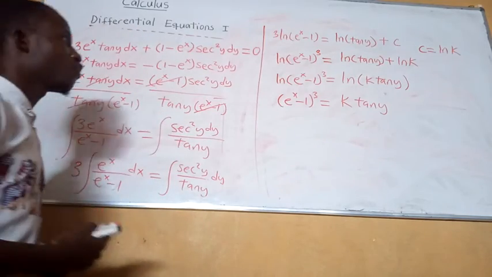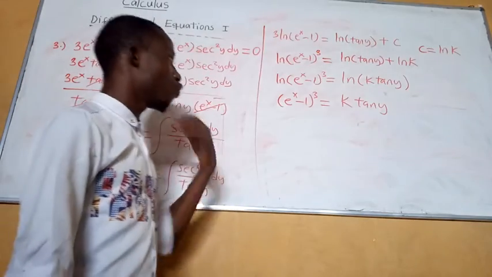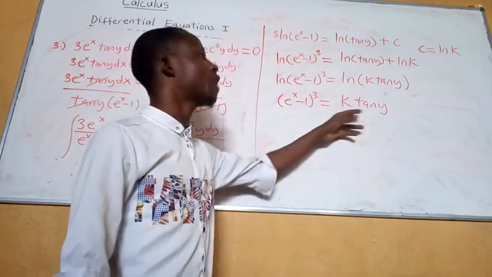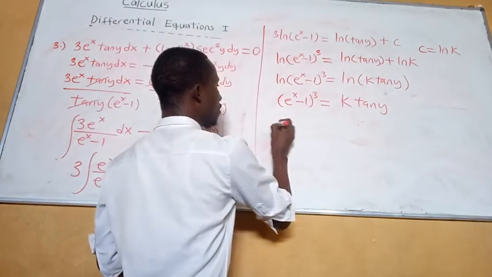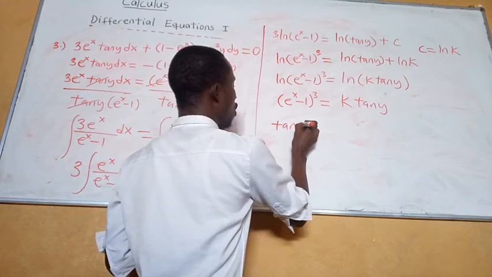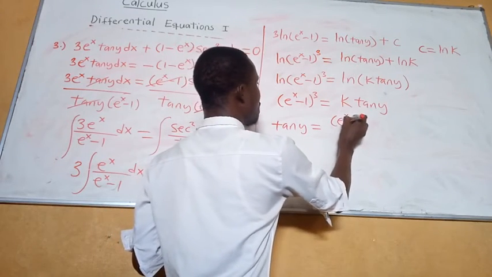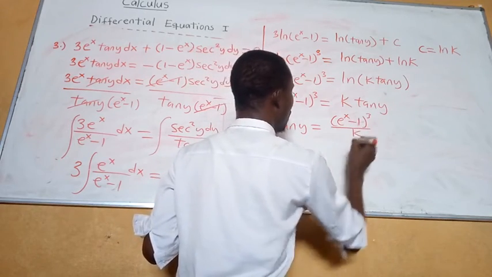If we want to simplify this further, we can also solve for y. We can divide both sides by k, because k is a constant here. So we have tangent of y equal to (e^x minus 1) cubed all over k.